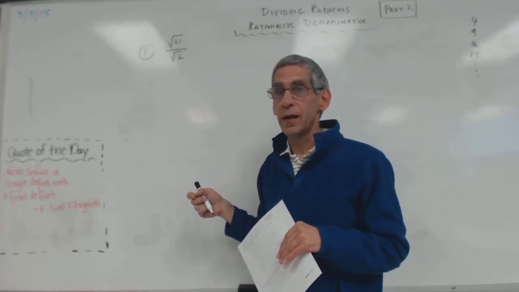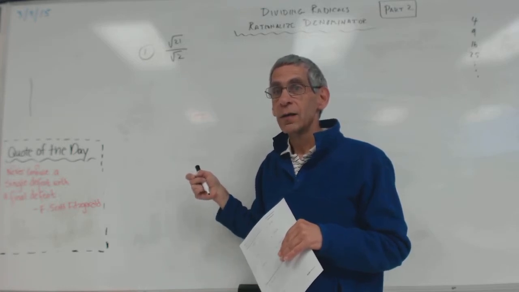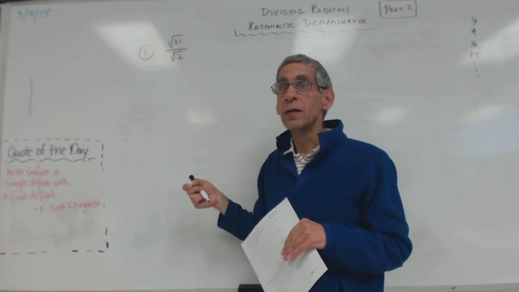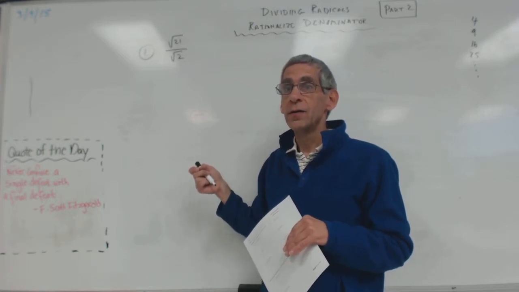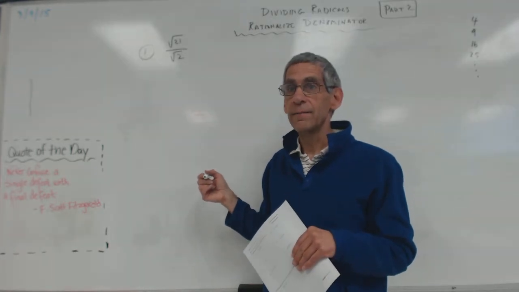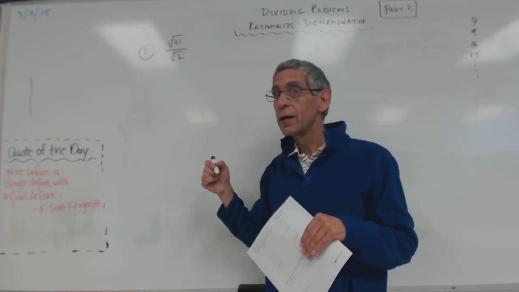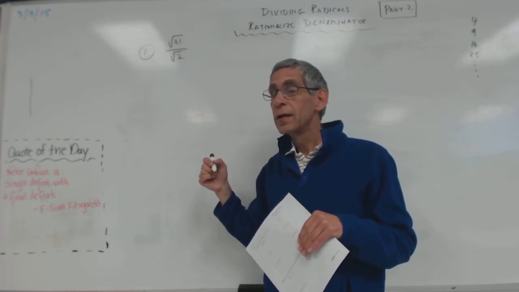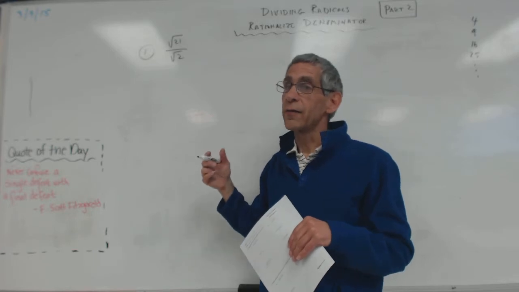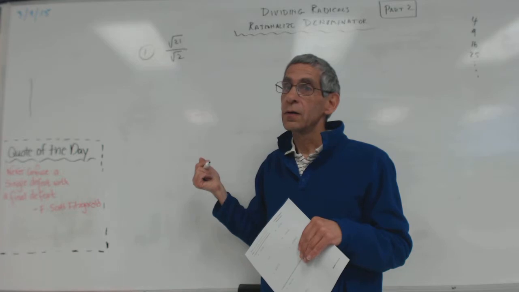There is a rule that says never leave your answer with a radical in the denominator. So what would I do to solve it? I've got to multiply it times a 1, or a weird 1: square root of 2 over square root of 2.